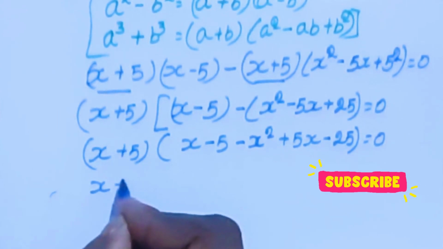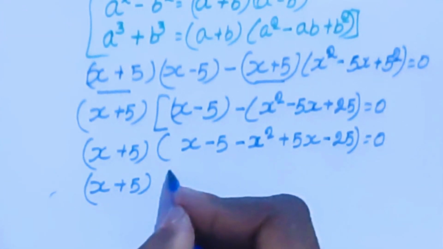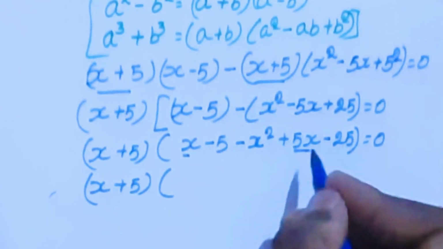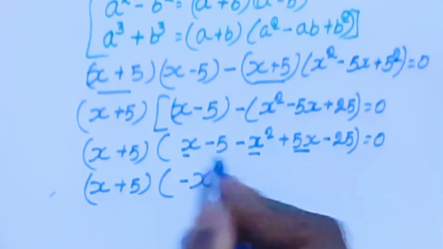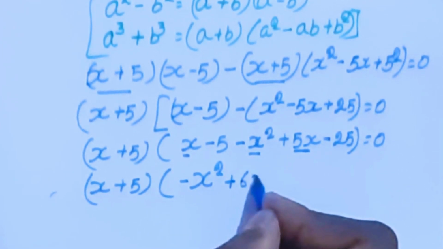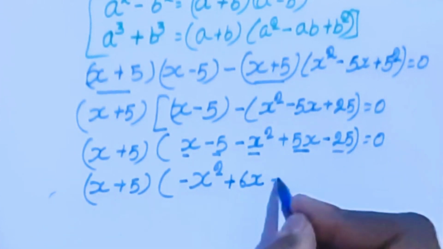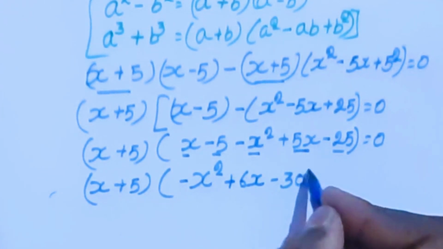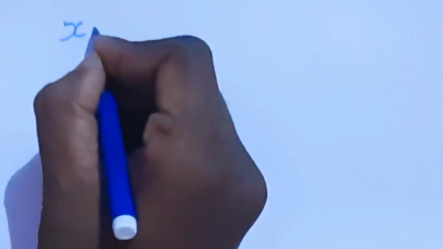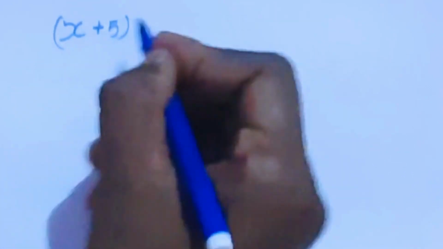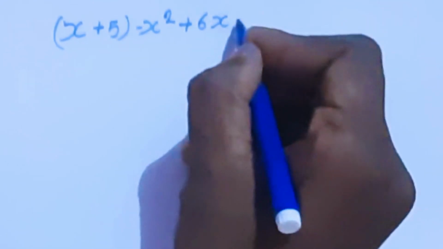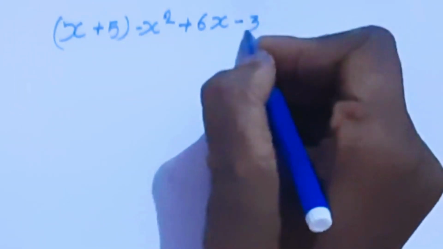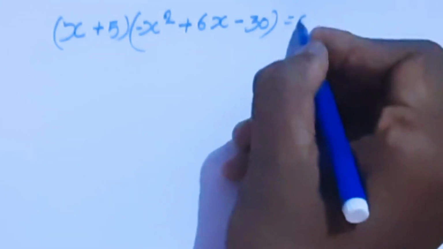Here x + 5, x - x^2, this is plus 6x, here we have minus 30 equal to 0. Now (x + 5)(-x^2 + 6x - 30) = 0.